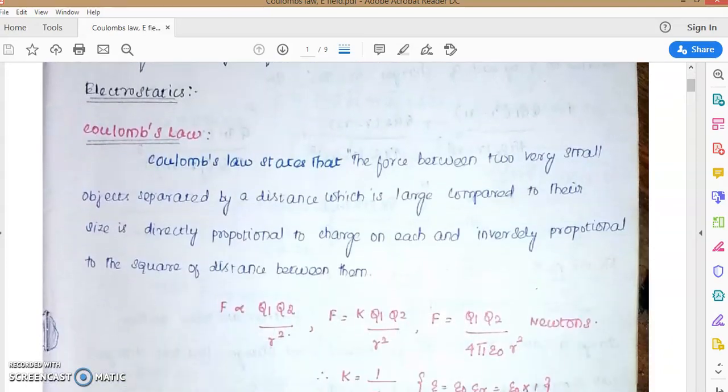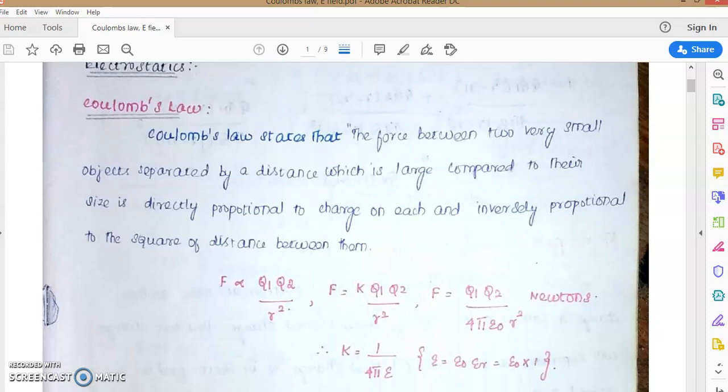First is Coulomb's law. Let us take two small objects and calculate the force between them.